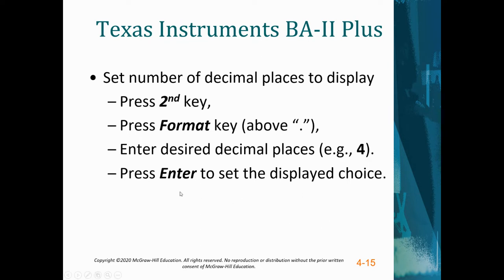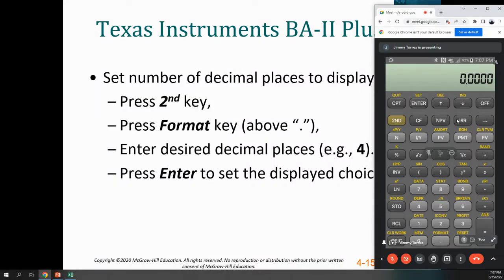So moving on, I set the number of decimal places, right? And here we're going to do 4. So to do that, I'm going to hit the second key, and then I'm going to hit format, which is above the period right here. And then I'll hit the decimals.